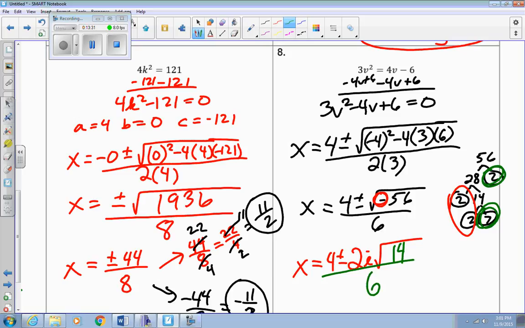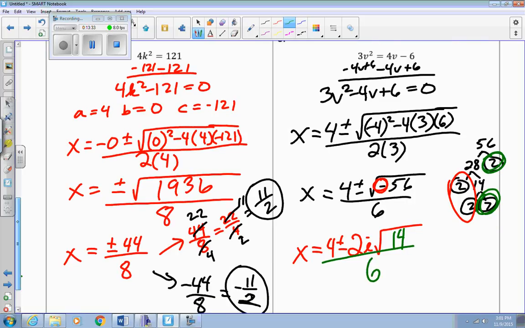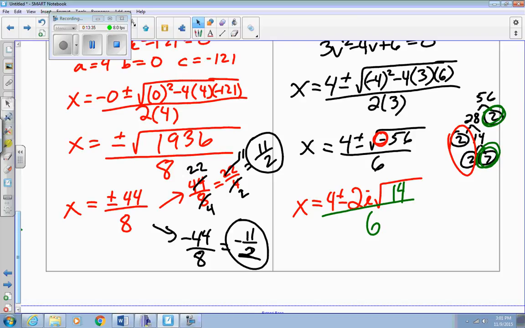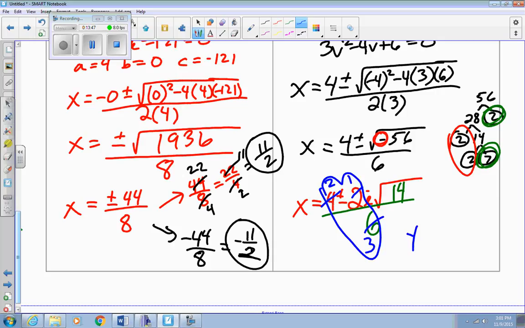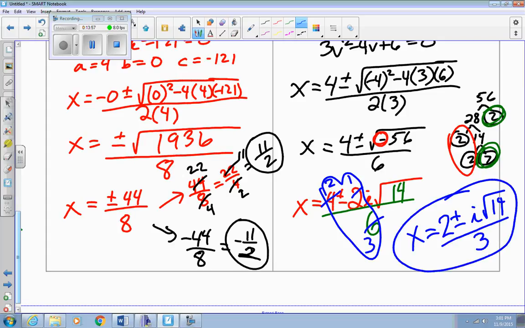Simplify this. That's an ugly looking fraction, but 4, 2, and 6 are all divisible by 2. So divide by 2, divide by 2, and divide by 2. So you have x equals 2 plus or minus 1 times i is i, square root of 14 over 3. Moving on.